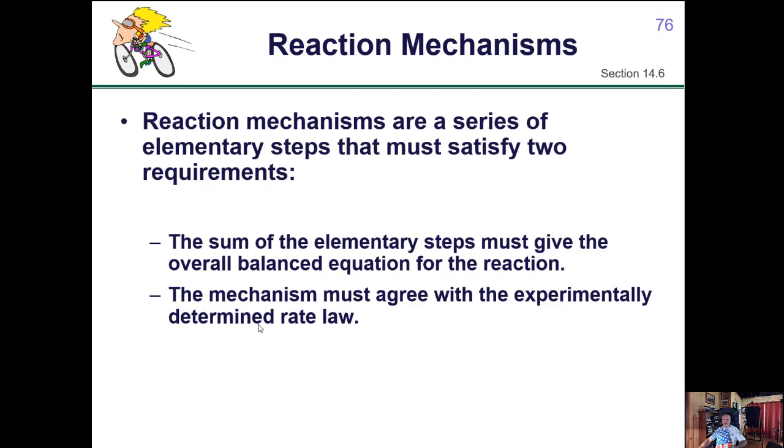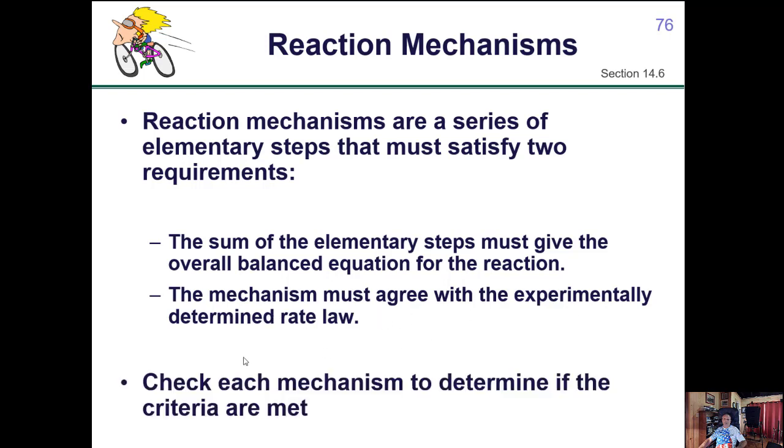So you started this process by determining the rate law in the laboratory, and now you're looking at a mechanism that you've proposed, and that mechanism not only has to add up those elementary steps to give the overall stoichiometrically balanced equation for the reaction, the mechanism has to agree with the experimentally determined rate law. You have to check your proposed mechanism to determine if both criteria 1 and criteria 2 are met.